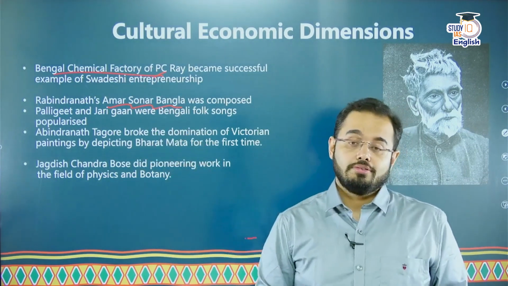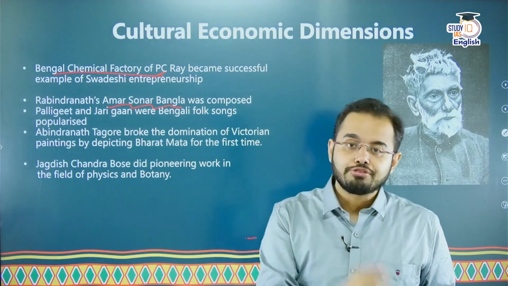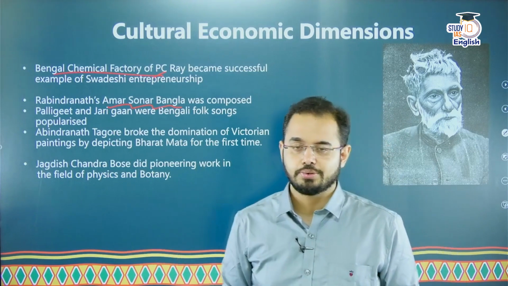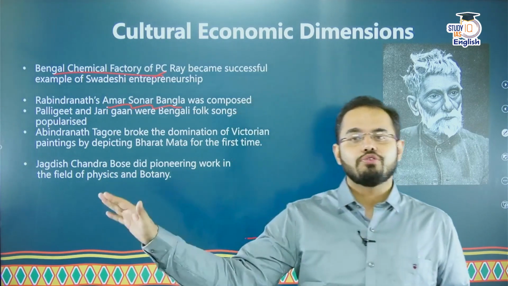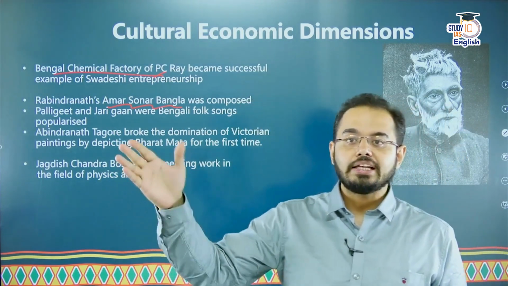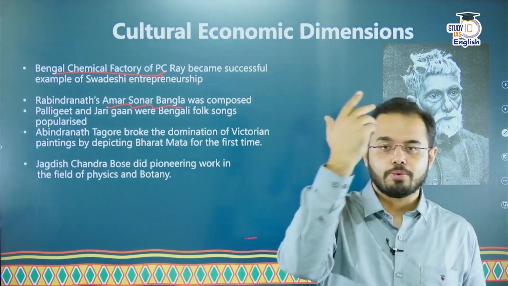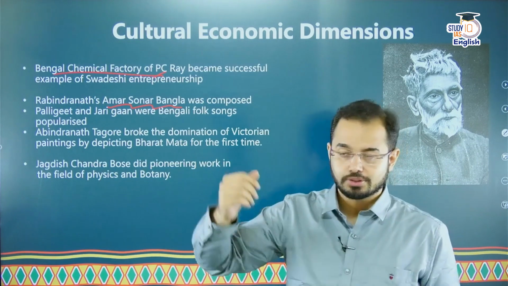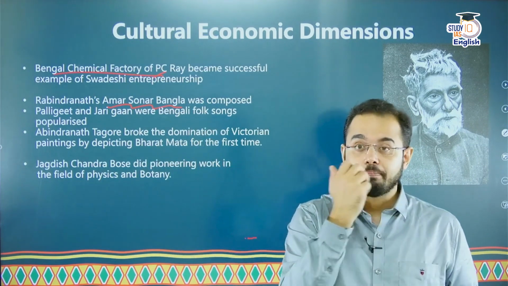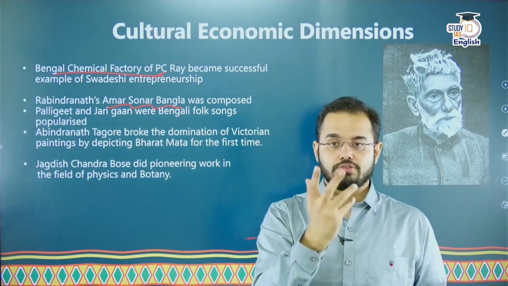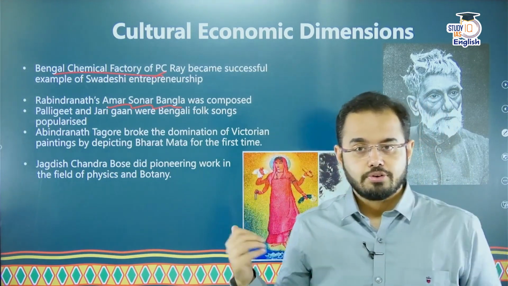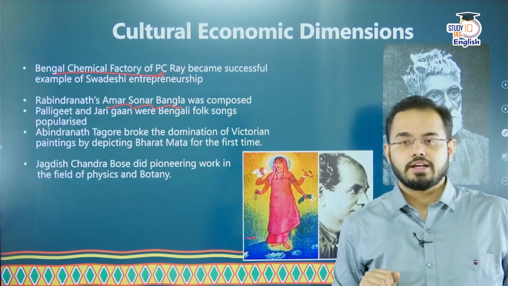Abanindranath Tagore, a very famous painter, the nephew of Rabindranath Tagore, whose painting Bharat Mata I showed you in the starting of the Swadeshi movement, broke Victorian age paintings, and he brought a whole new corps of Indian painters. People like Nandalal Bose were painting Indian depictions for the first time, right? Here is the Bharat Mata painting again for you, and Mr. Abanindranath Tagore.